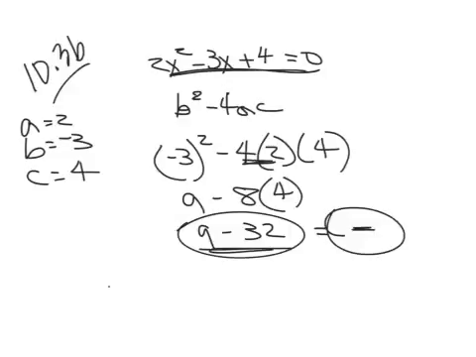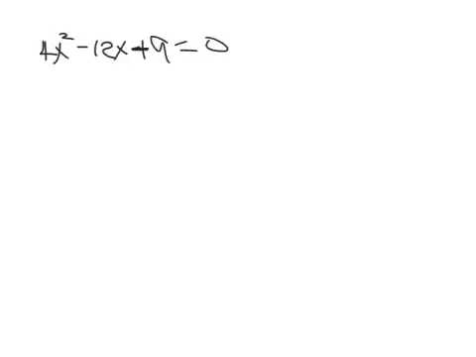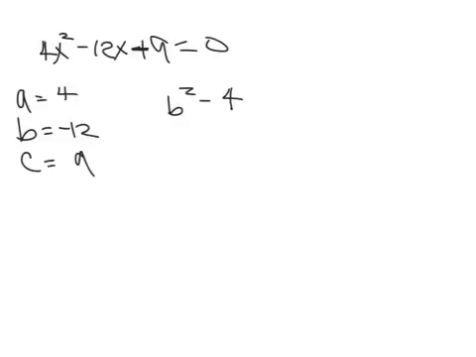All right, so let's look at the third option there, and they give us 4x squared minus 12x plus 9 equals 0. So again, you're not solving anything, you're just trying to find out what kind of problem or equation you're going to get, or answer, I guess. So b squared minus 4ac.